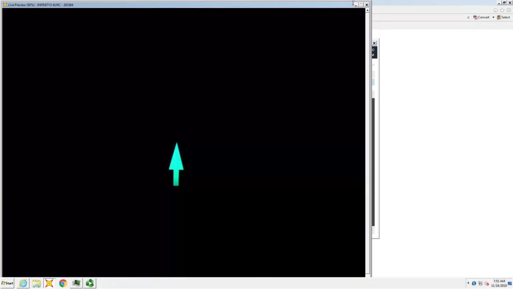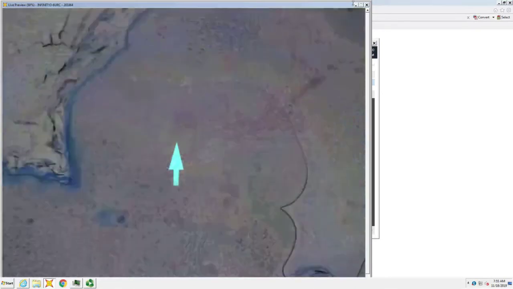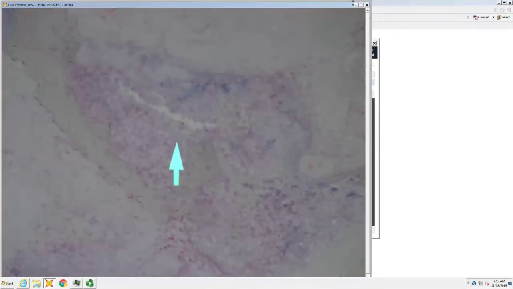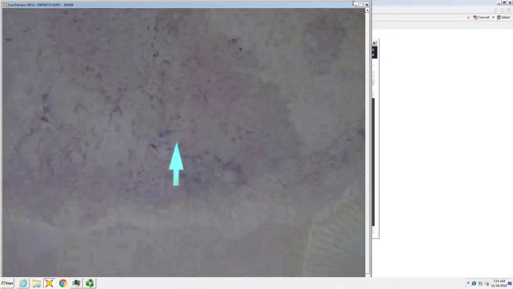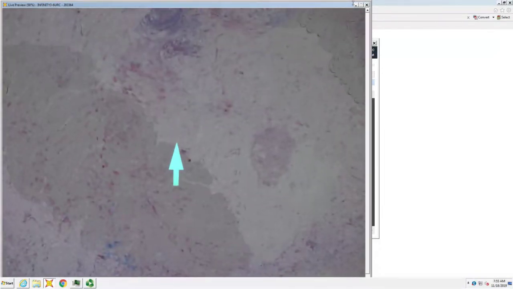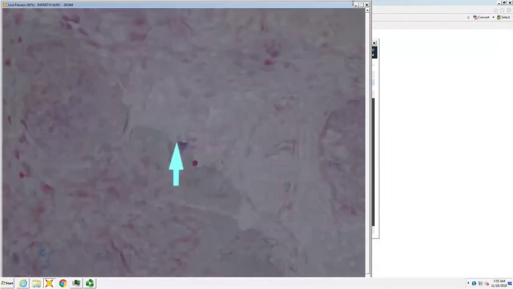So let's take a look and see if we can find it. We've got a PAS stain. Let's see if we can find our organism here.